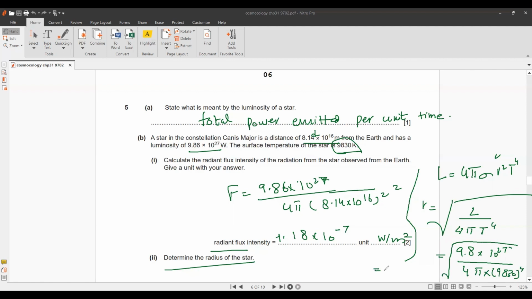What is the answer to this part? 1.2 times 10 power 23.